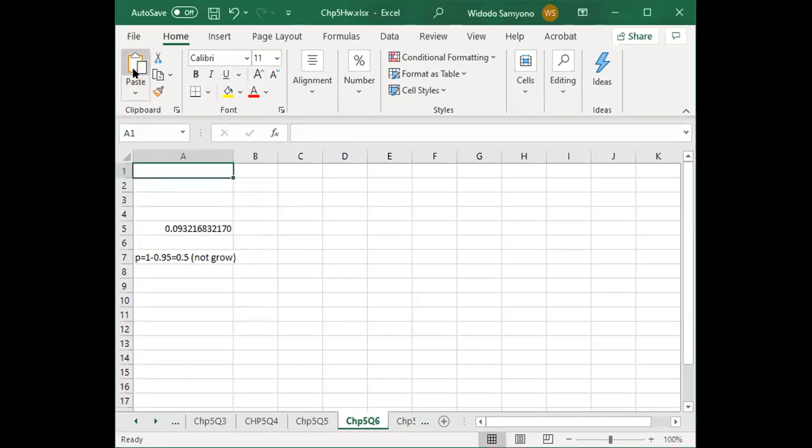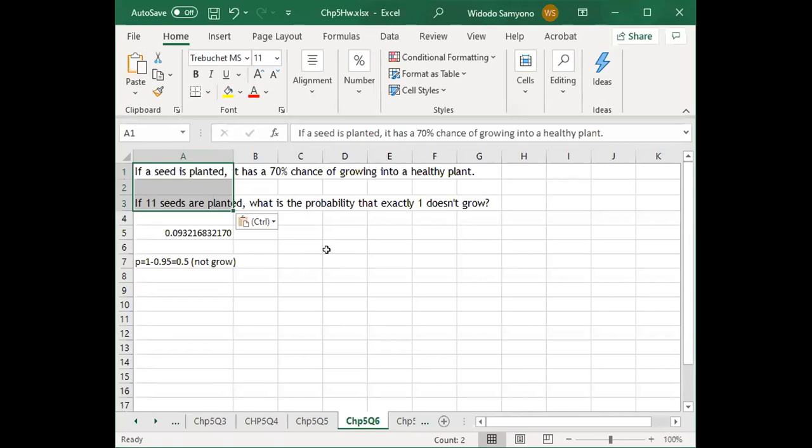This is a tricky question. They give you the healthy plant percentage, but you're looking for the plant that doesn't grow, meaning the plant is not healthy, right?